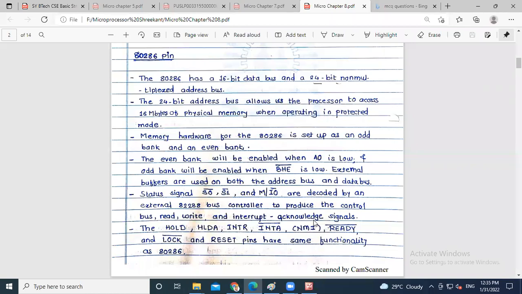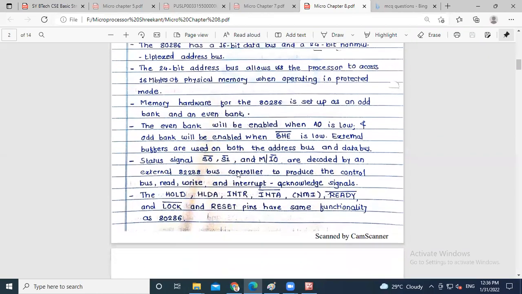In that condition, buffers are used on both the address bus and the data bus. The status signals like S0, S1, and M/IO, memory and input output, are decoded by the external 8288 bus controller to produce the control bus signals: read, write, and interrupt acknowledge.